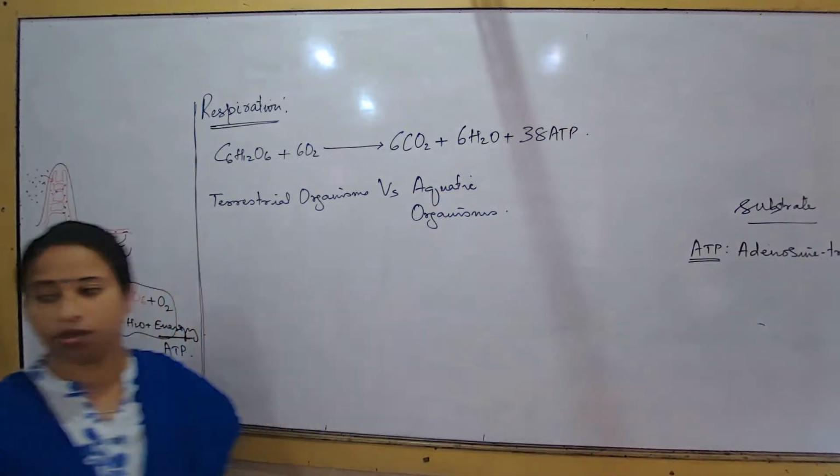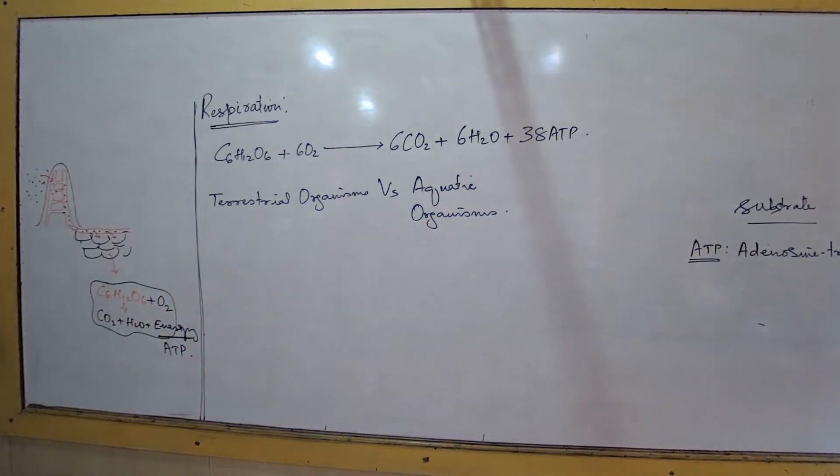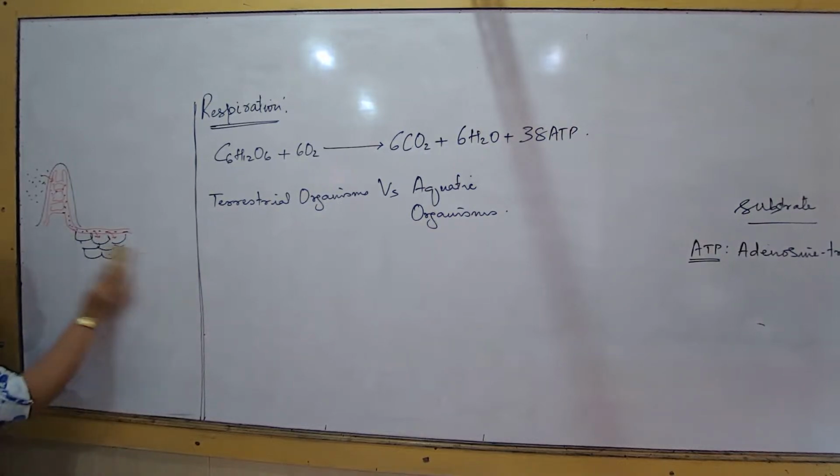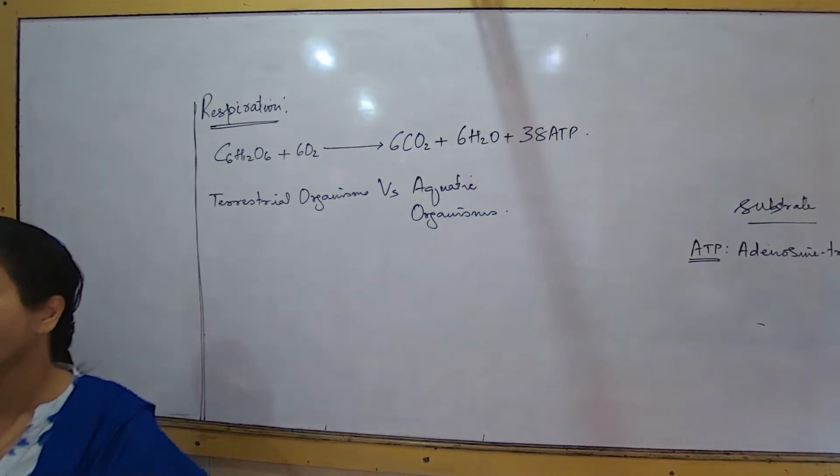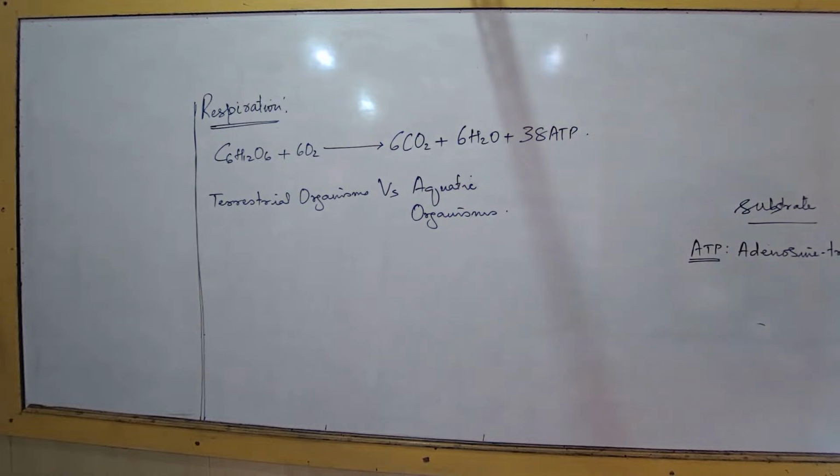Tell me. Ma'am, in this topic, the terrestrial and aquatic one, like you said aquatic animals have less oxygen. Not that aquatic animals have less oxygen, rather the oxygen dissolved in water is less. So that is the reason any aquatic organism is breathing more times as compared to us.